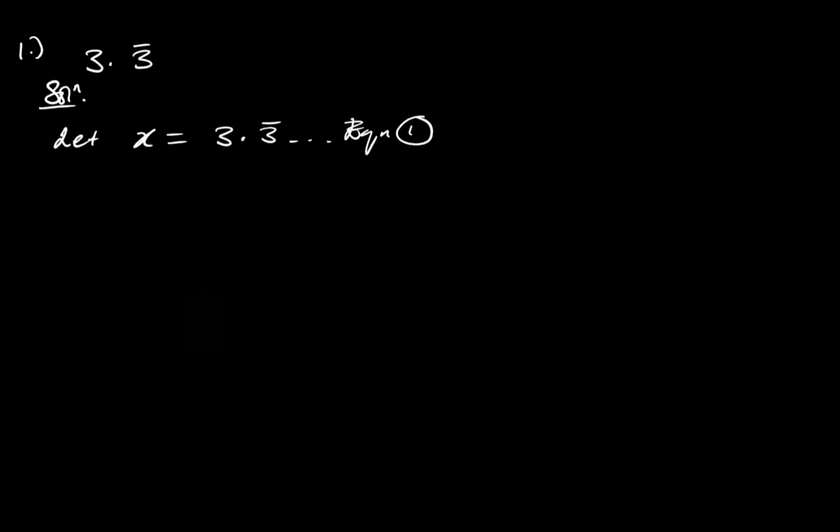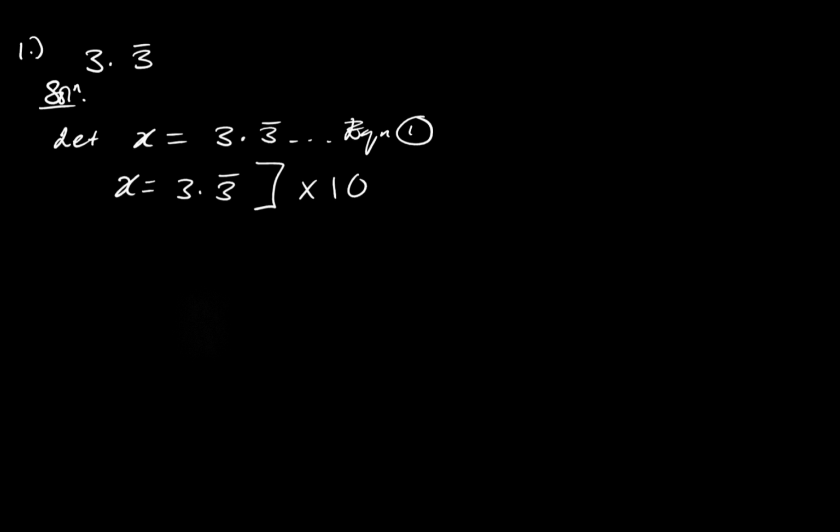Now you need to ask yourself what number you should multiply by to move the repeating number, or the number with the bar, to the front. In my case, I'm having x is equal to 3.3 bar. Now, what number can I multiply this entire equation with to move the 3 bar to the left-hand side of the decimal point? That number is 10, so I'll say times 10.